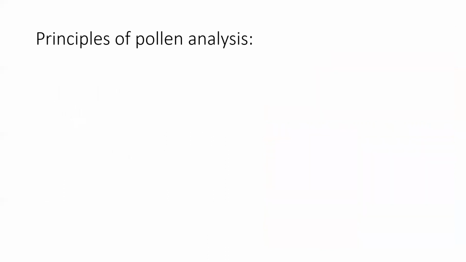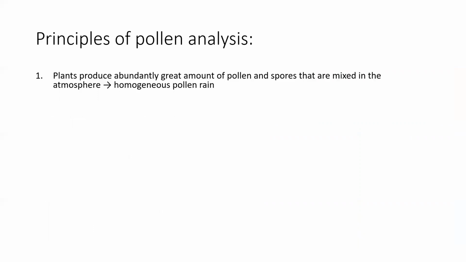Then a few words about the principles of pollen analysis, so basically on which facts or factors pollen analysis is based. First of all, plants produce huge amounts of pollen and spores for reproductive purposes, and those spores and pollen grains are mixed in the atmosphere.